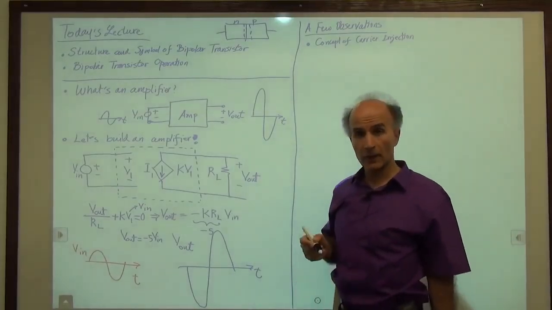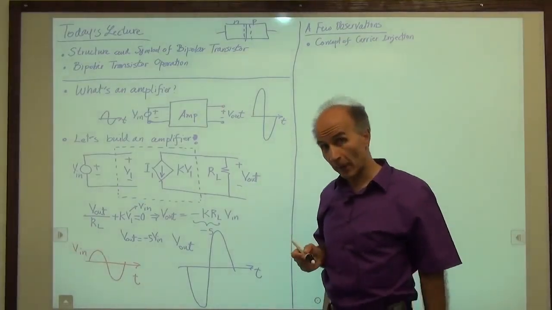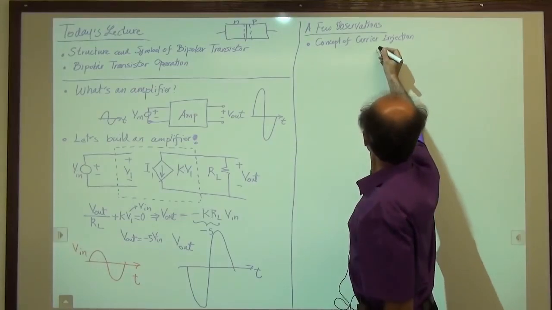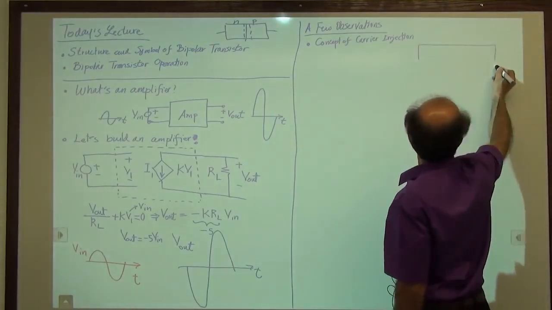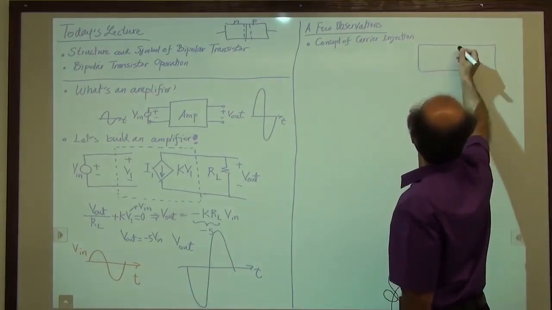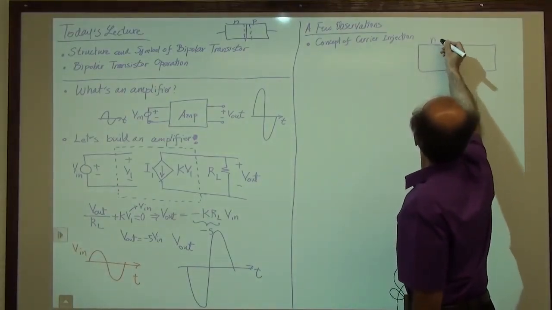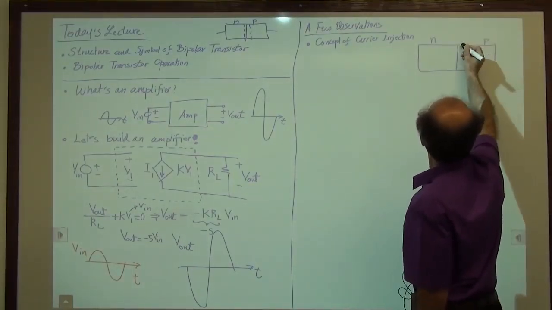Let's take a p-n junction, as we know, and reverse bias it. So here's our p-n junction. So for example, N on the left, P on the right.